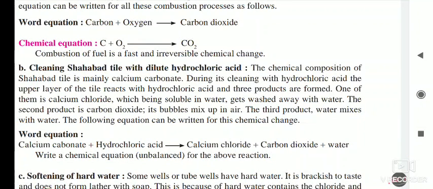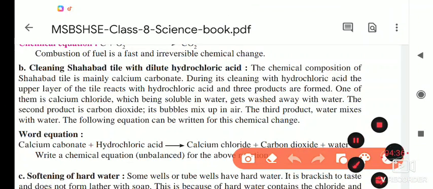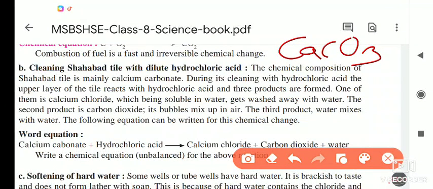Cleaning Shahabad tiles with dilute hydrochloric acid. As you know, the chemical composition of Shahabadi tile is mainly calcium carbonate, CaCO3. That is the formula of the Shahabadi tiles.